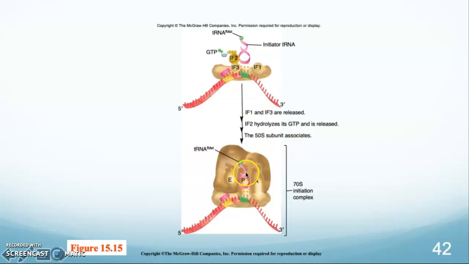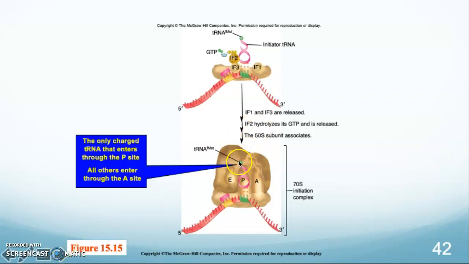Again, this is the very first tRNA that comes in. It has that modified methionine, and it has the anticodon complementary to the start codon. This is showing over here the Shine-Dalgarno region with the area that is complementary with that smaller subunit. That would be the completion, basically, of that initiation of translation.